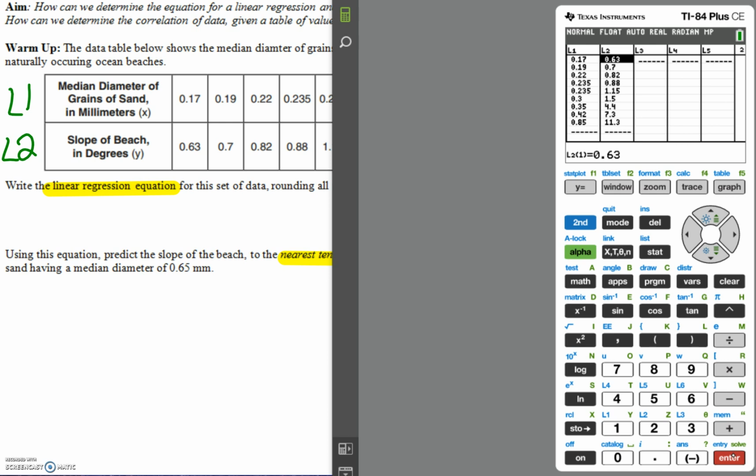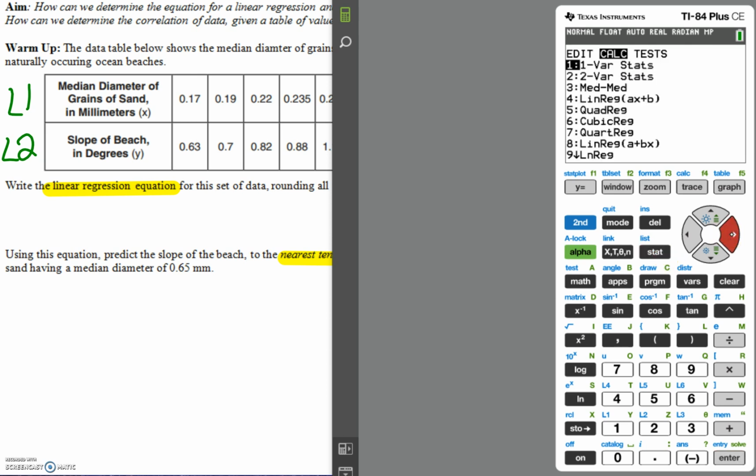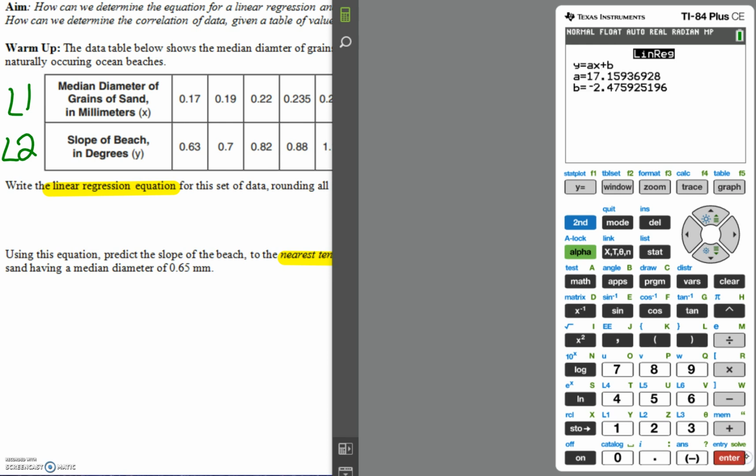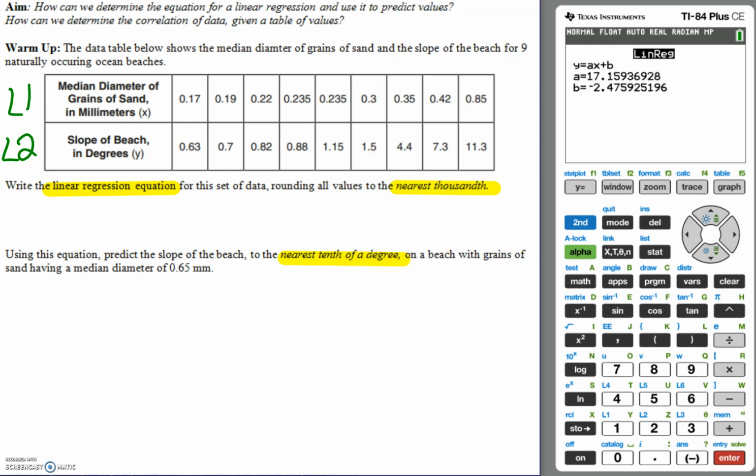So once I type in all our values, I'm going to hit stat, over to calc and choice 4 because it did state linear regression. Your work is copying down what you see in the calculator. So we're going to copy down the equation y equals ax plus b, our a value, and our b value.